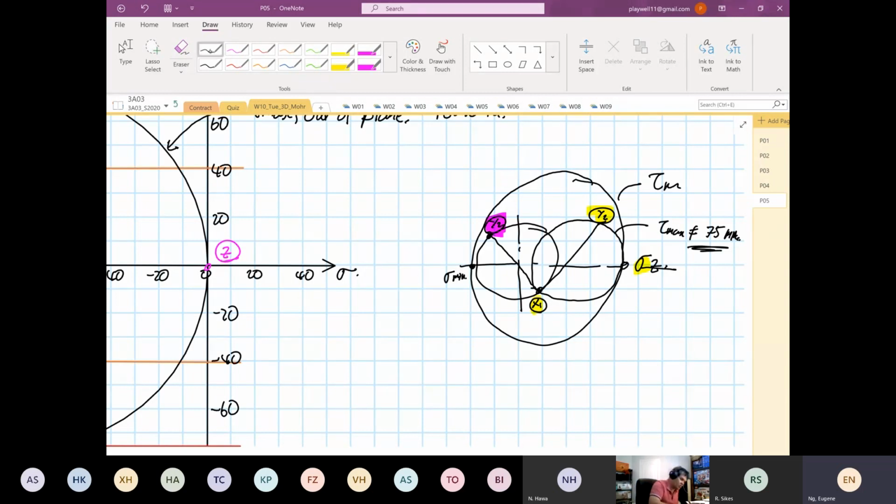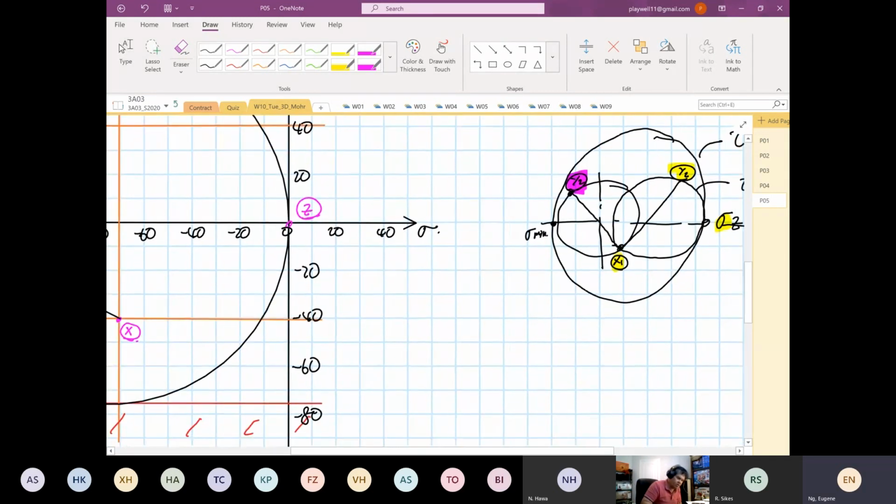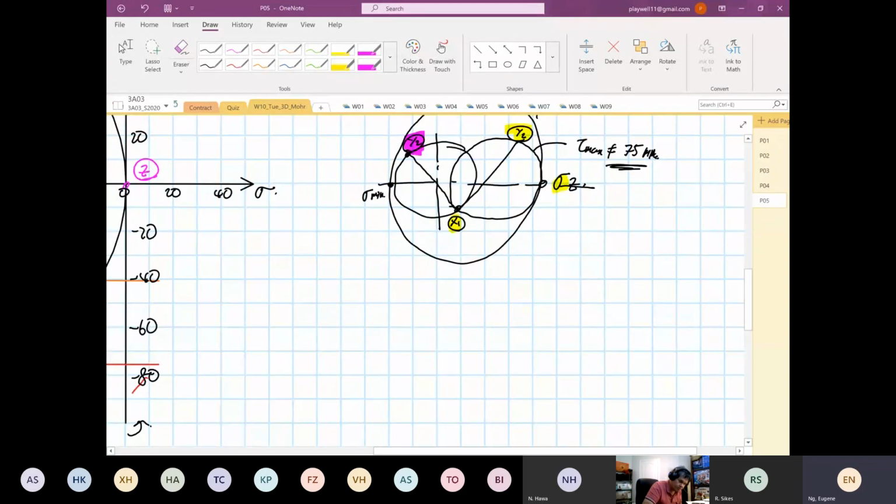Okay. So how are we going to construct the circle? So we know that over here, two circles have to see the stress mean. Okay. So we're going to construct one line. Right. So we know that that is our point. And my apologies. I'm going to teach you, in order to do this, you need to know the rules of the circle. So what are the rules of the circle?